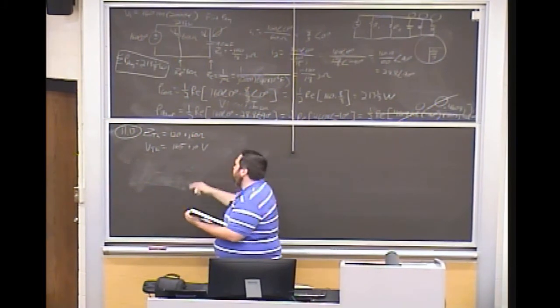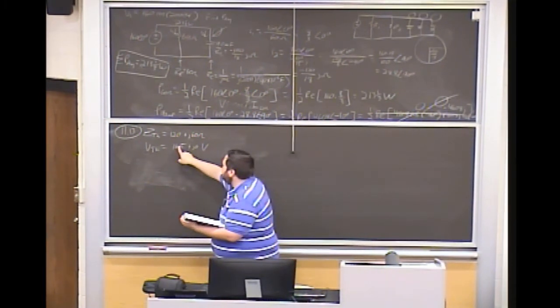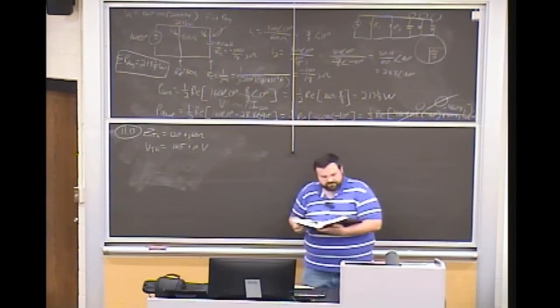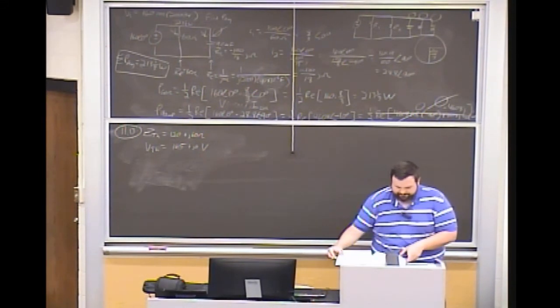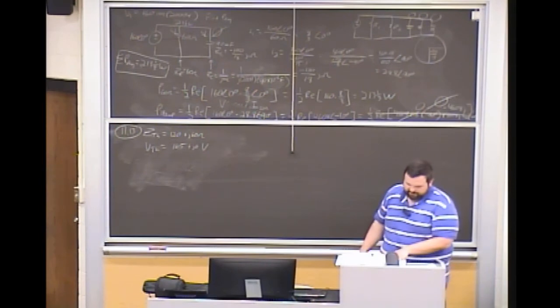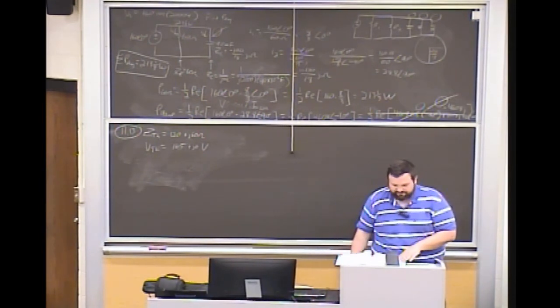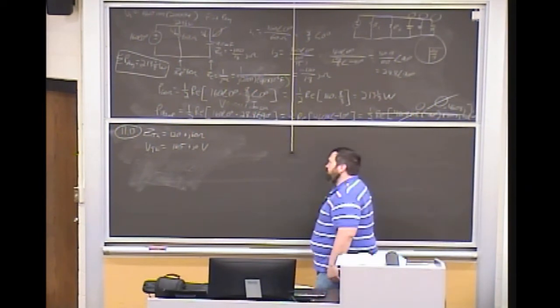Okay, so we're given that, this is not a decimal, 165 j0, so it's all real there. And then we're asked to determine the maximum available average power from the source.